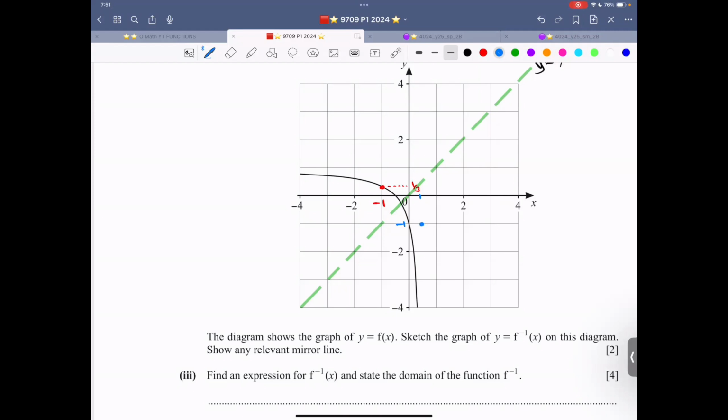This is 0, minus 1. 0, minus 1 is also there. And -1, 0. So therefore, let me mark this point, 0, minus 1 over here. And that should be -1, 0 like this. And also mark this point. That should be the common point.